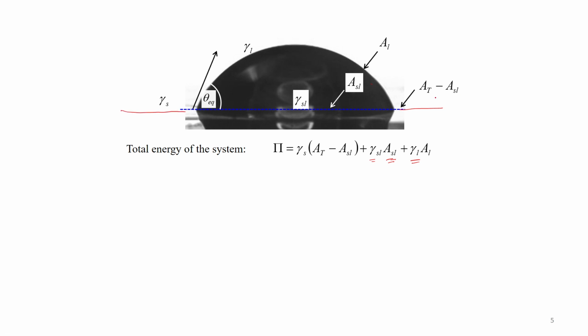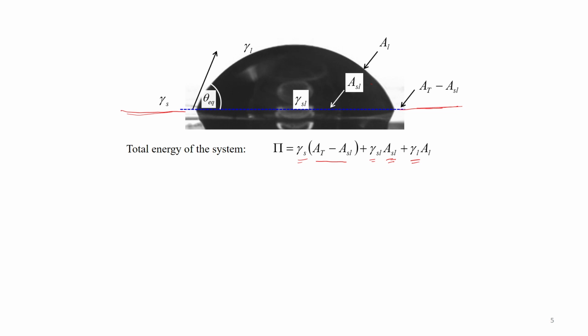So, AT is the total, and AT minus ASL defines the solid surface outside the wetted area of this liquid. We multiply that by gamma S. So, the total energy of the system is given by this equation.